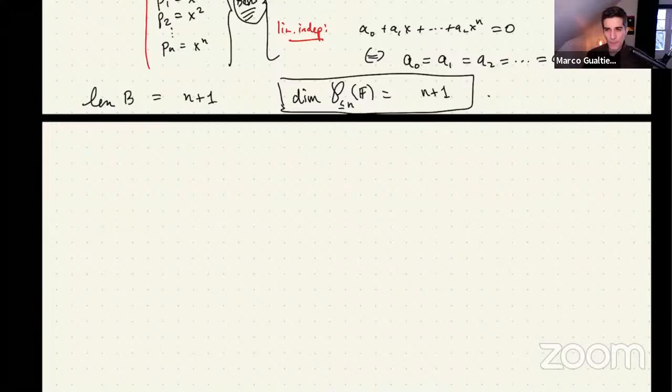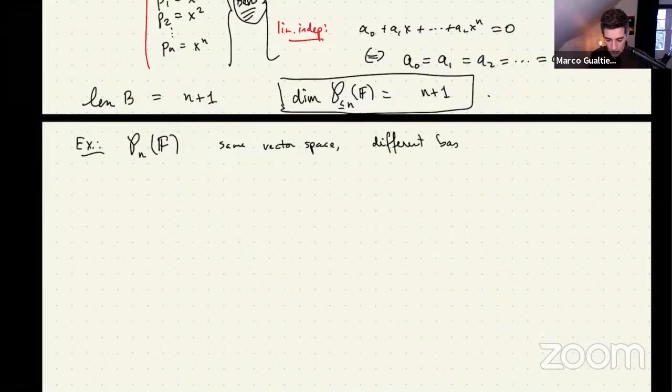I want to give another example, but I'm going to use the same space, Pn, the polynomials of degree less than or equal to n, but I'm going to use a different basis. Same space, different basis.